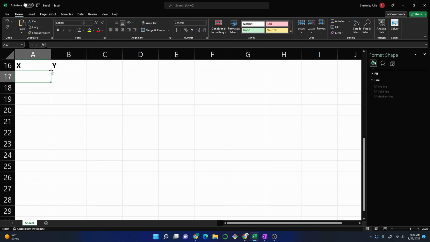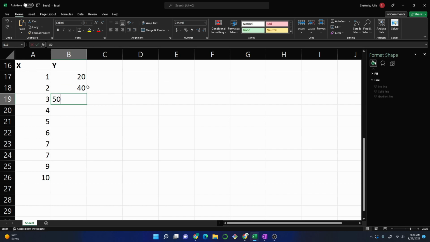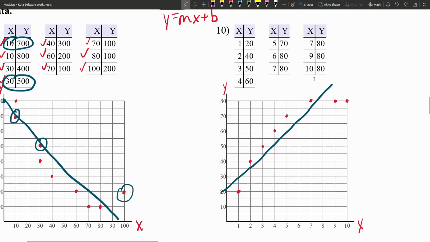So filling in those X values first. 1, 2, 3, 4, 5, 6, 7, 8, 9, and 10 were the X values, and the Y values that went with those associated X values were 20, 40, 50, 60, 70, 80, 80, 80, 80, 80. Again, I just took these values from the table and entered them into my Excel spreadsheet.